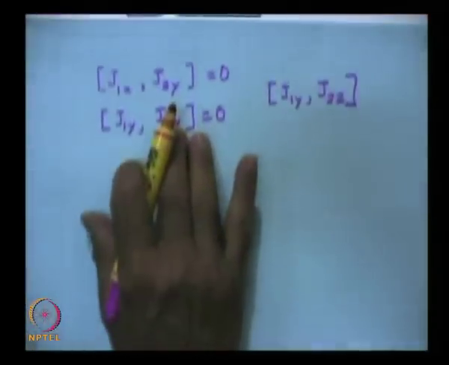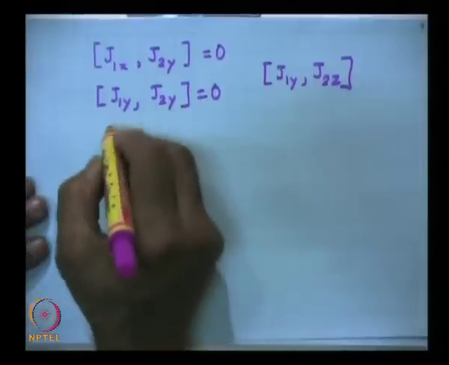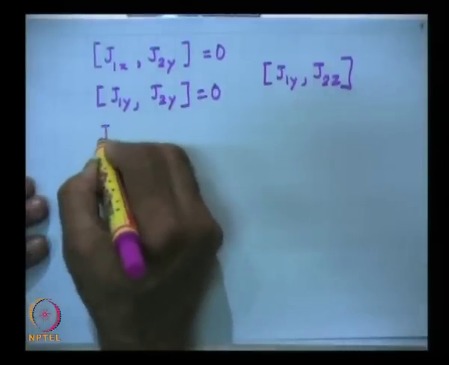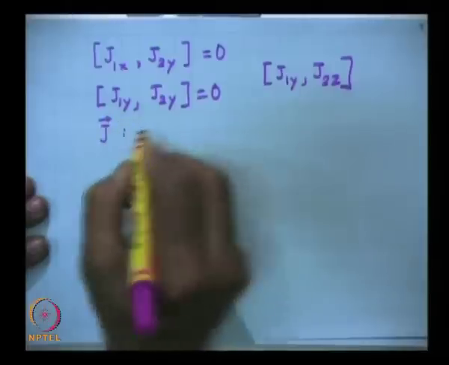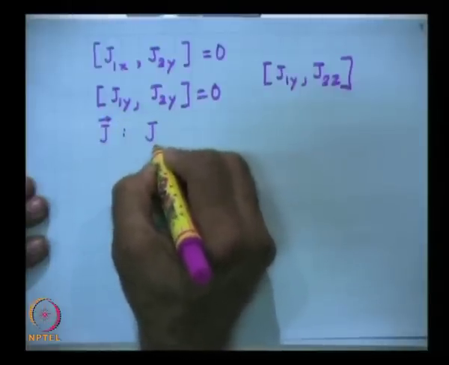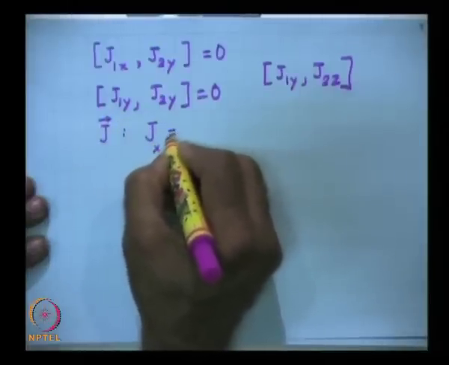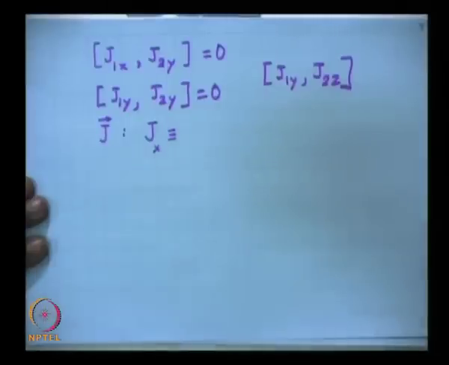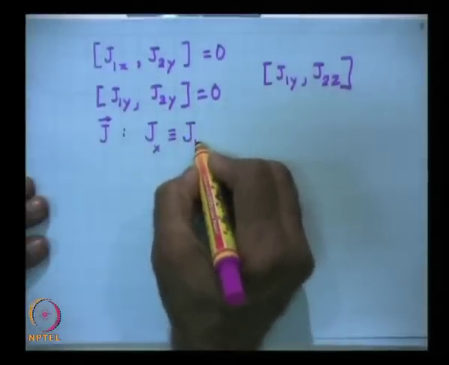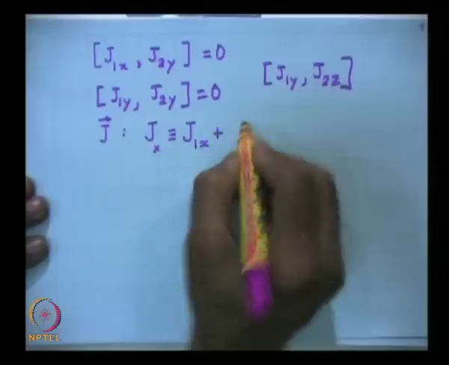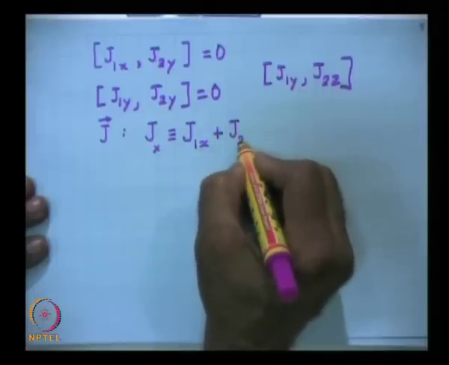We then define the total angular momentum vector J, such that Jx is defined to be equal to J1x plus J2x.